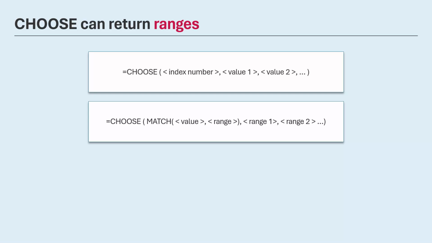One way to accomplish that is by nesting the match function into the choose function. The match function will go and find a value, 1, 2, 3, 4, 5, and then it will provide that to the choose function, which will then select the appropriate range. Let's see this one in action as well.